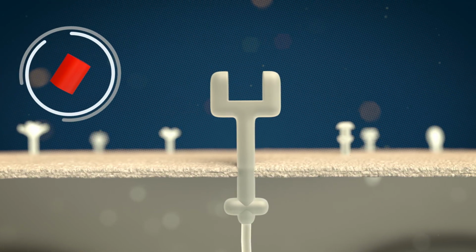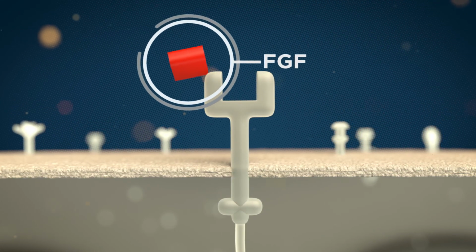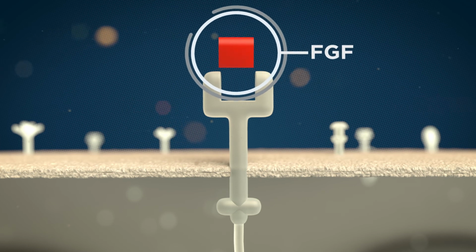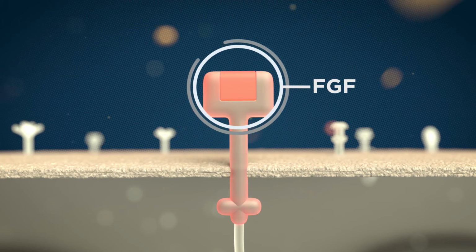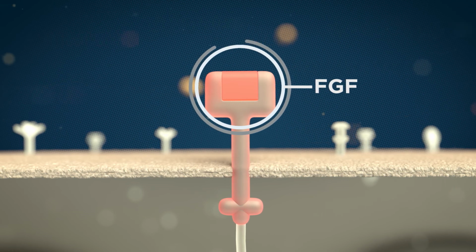Normally, the receptor is only activated when it joins with a specific signaling molecule on the outside, called a fibroblast growth factor, or FGF. These FGF molecules fit into their receptors like a key going into a lock.